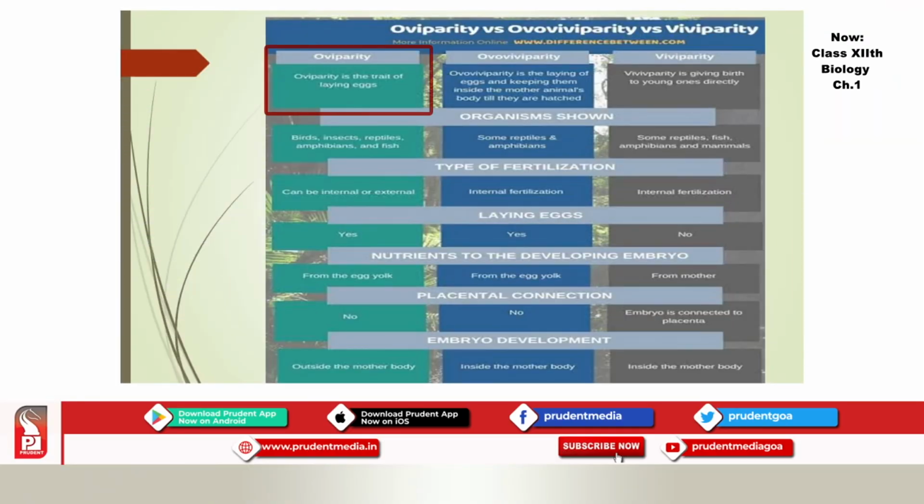In ovipary, we have organisms that lay eggs. In vivipary, the organisms give direct birth. For example, in ovipary, we have birds, insects, reptiles, amphibians and fishes, whereas in vivipary, we have some reptiles, fishes, amphibians and mammals.